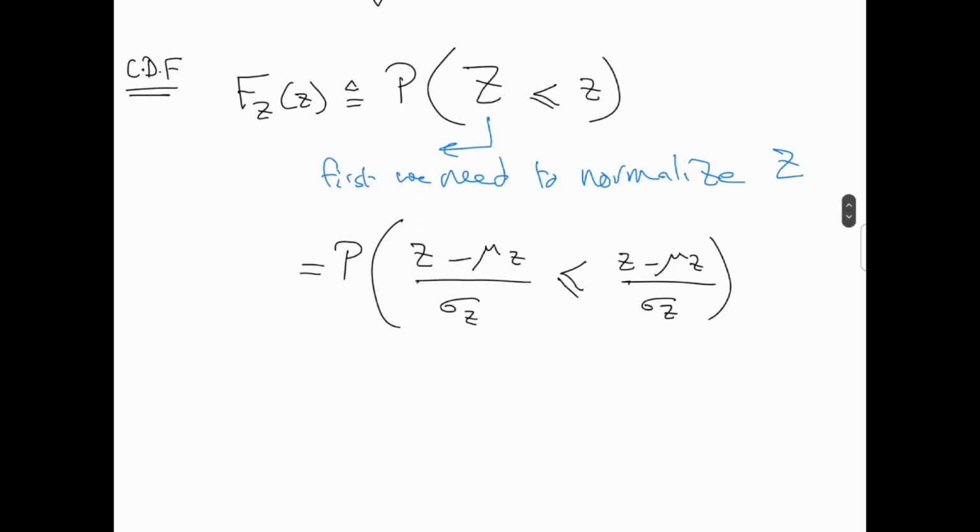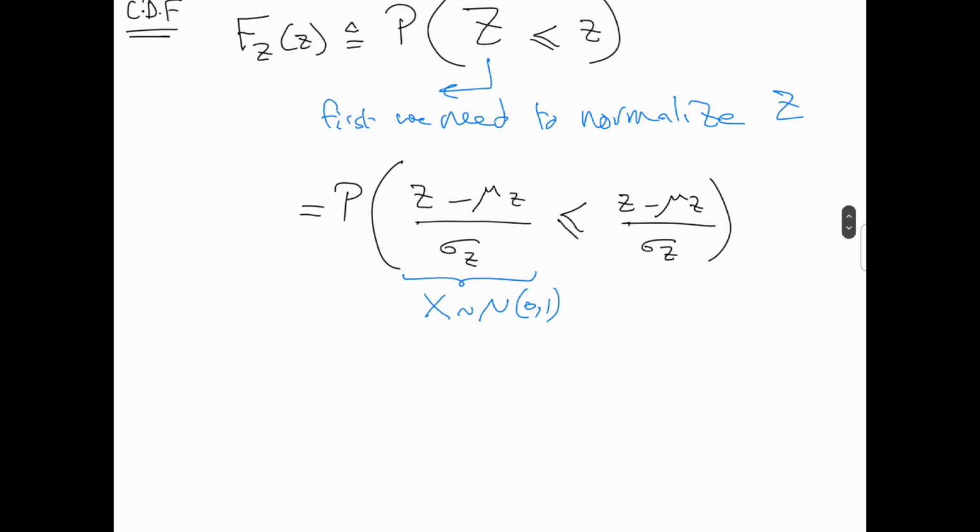Now it is clear that one can check that this is a variable transformation. If we call it x, then x is a Gaussian variable with zero mean and unit variance. So in this case, this can be written as the probability that x capital is less than or equal to z minus 3, the mean, divided by root 2, the standard deviation.